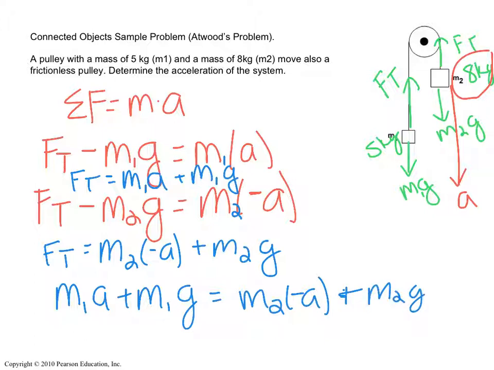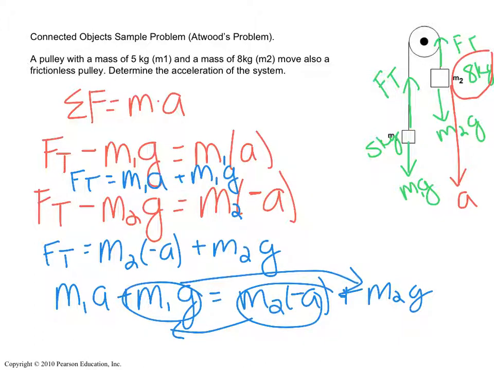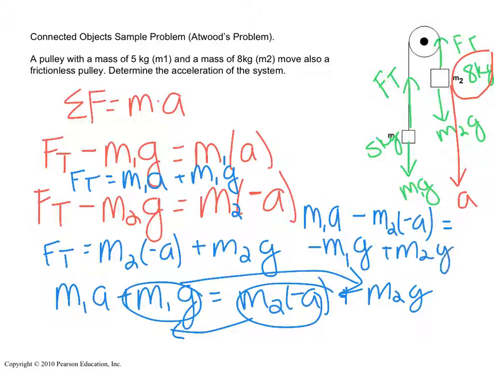Now remember, I'm solving for acceleration, so we need to get all my accelerations on one side and everything else to the other side. So I'm going to move this guy over here and this one over to the other side. So this is going to look like m1a minus m2 negative a equals m1 plus m2g.